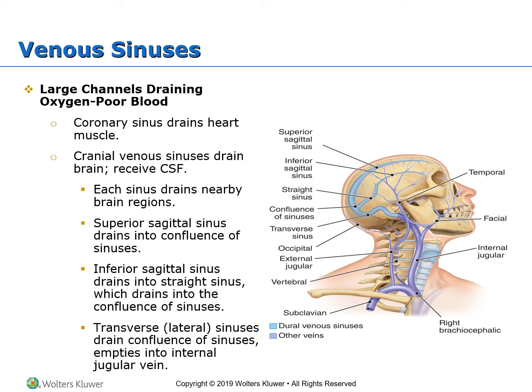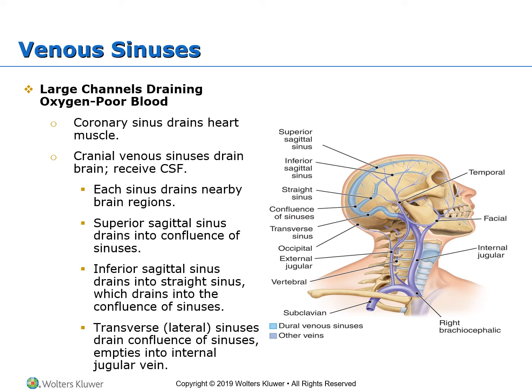Veins from everywhere in the brain will drain together in those channels that are not per se round structures like the veins will be. They also collect, if you remember, the cerebrospinal fluid that, by doing that, is returned to the bloodstream and can be filtered and renewed in the kidneys.